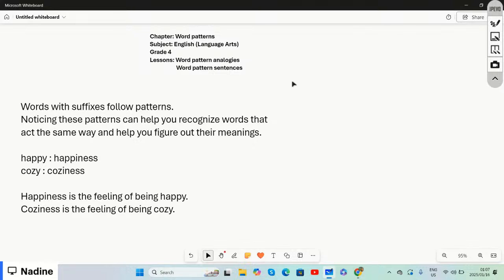So when it comes to word patterns, which is today's lesson, the new meaning that is being created basically recognizes the words and they tend to act the same way, and it helps us to figure out the meanings of certain words.